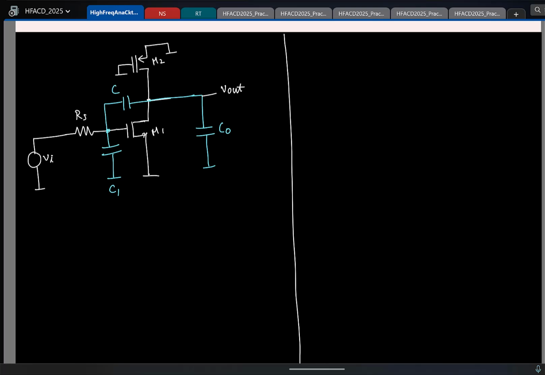So again, let's start with zeros. Here, can I short any capacitor and still have the output to be non-zero? If I short C0, the output is 0. Similarly, if I short C1, the VGS is 0, output is still 0. What if I short C? Is the output 0 if I short C?